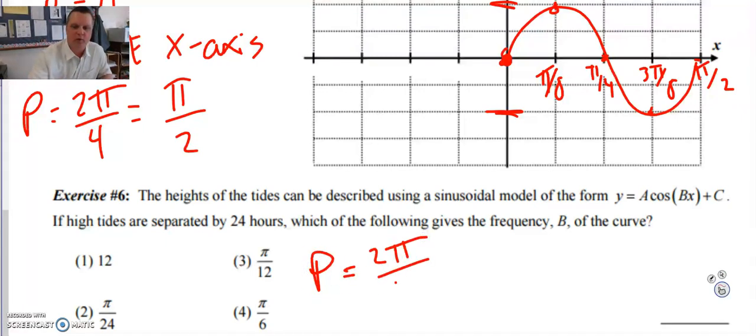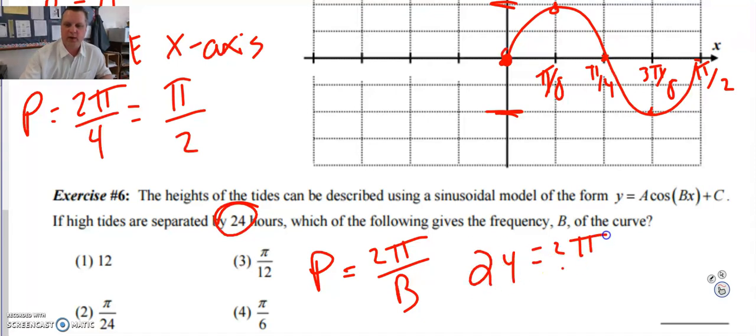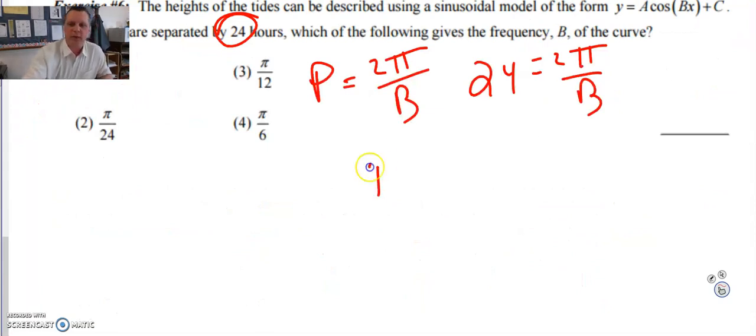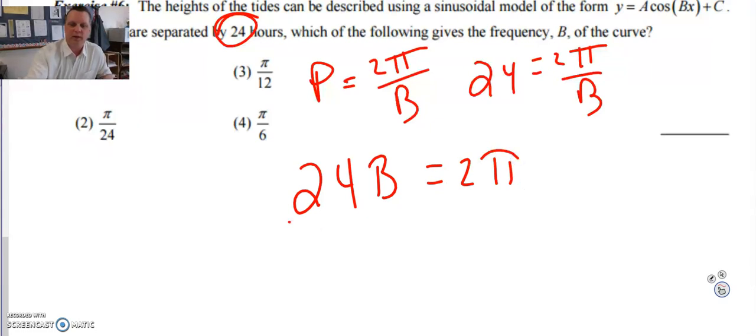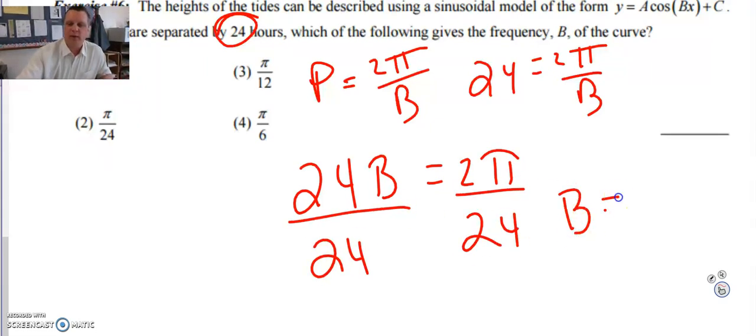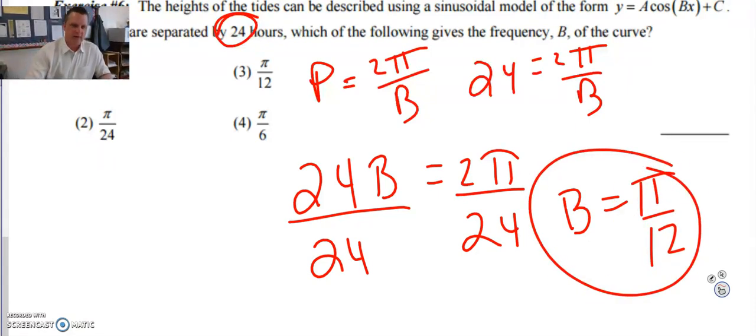P is 2 pi over b, but we know that high tides are separated by 24 hours, so my p is 24 equals 2 pi over b. So we're going to cross multiply here and get 24b equals 2 pi. Solve for b, divide by 24, and b equals pi over 12. And so that is choice number 3.